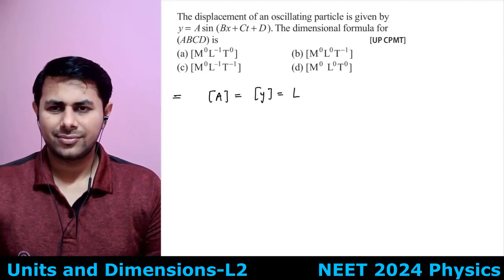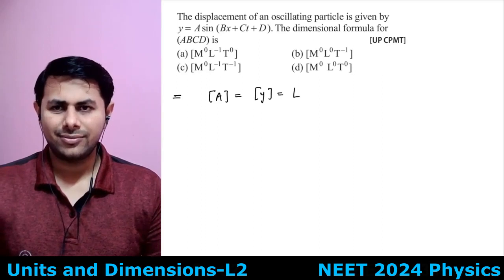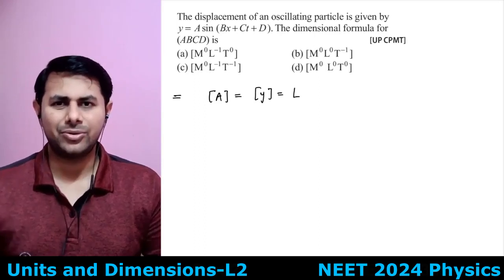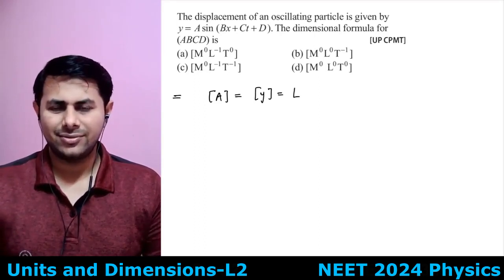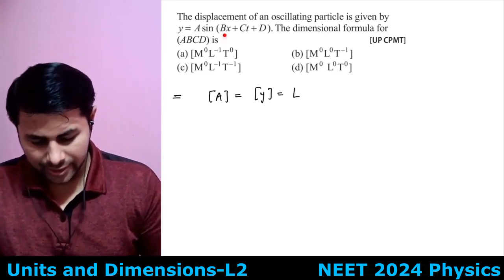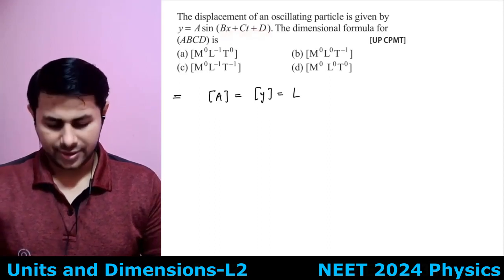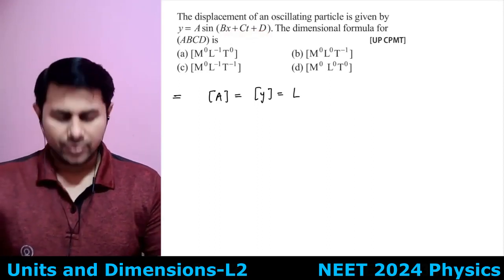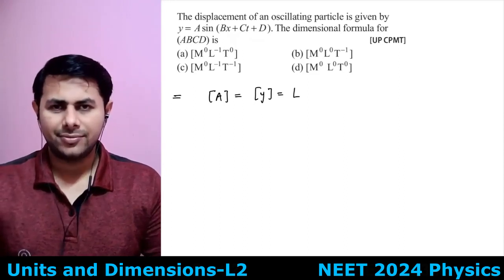Angle, no? We take sine of an angle, right? We take cosine of an angle. So this term inside the bracket must be an angle. So what are the dimensions of an angle?